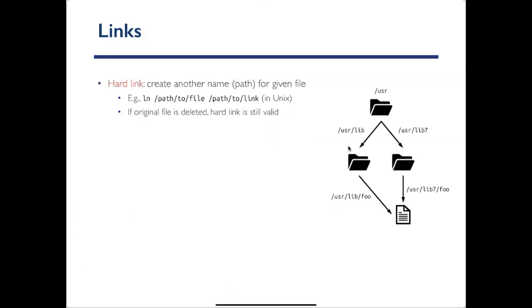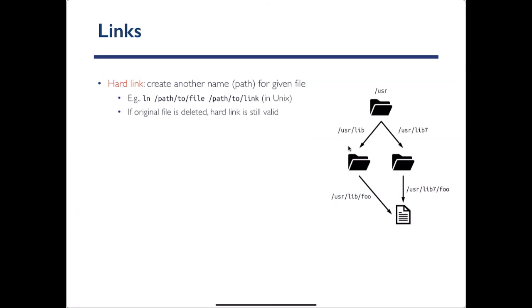Now there are two types of links. There is a hard link and there is a soft link. A hard link is basically another name for the same file. If you delete one of the names, then that name gets deleted, but the file remains. The only condition under which you can delete the file is if there is only one name to that file, and in that case, if you delete that one name, then you can delete the file.